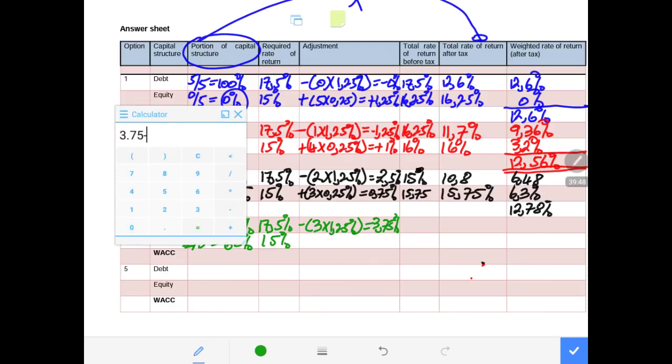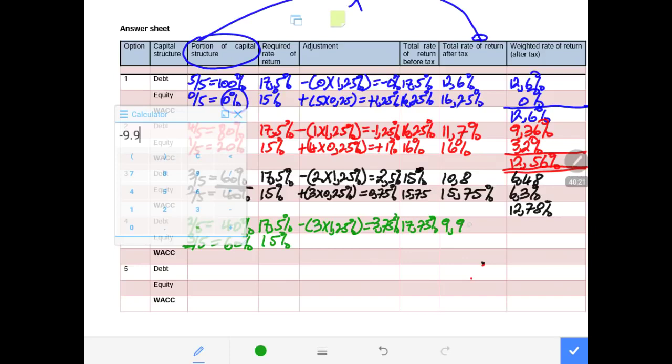Then 17.5 minus 3.75, meaning the interest in the bank, we end up now with 13.75% before tax is accounted for. Then we multiply it by the tax at the same time. Then we get 9.9%.